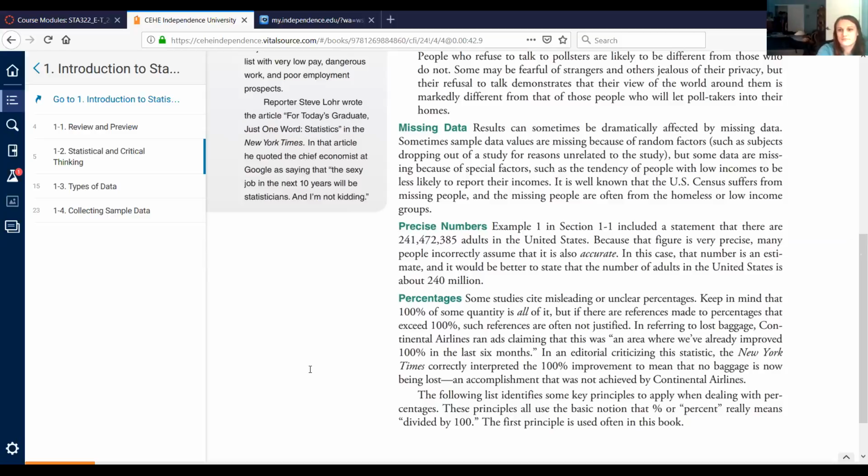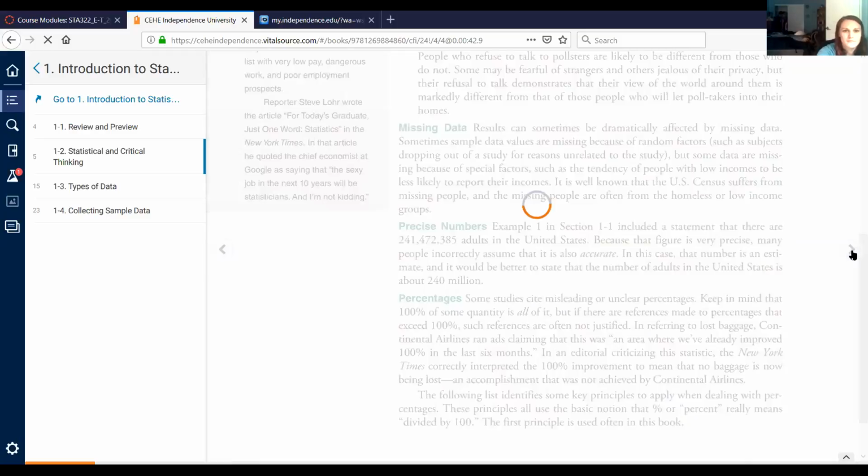And this example of the airline saying that they had improved their rate of lost baggage over some period of time by 100%, that's impossible. It would have had to go to zero. And anyone who thinks that there is an airline that has zero lost luggage, got a bridge to sell you in Brooklyn, because it just doesn't happen. So these are numbers that we need to be careful how we present them.